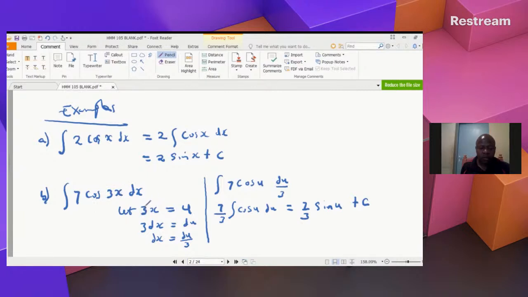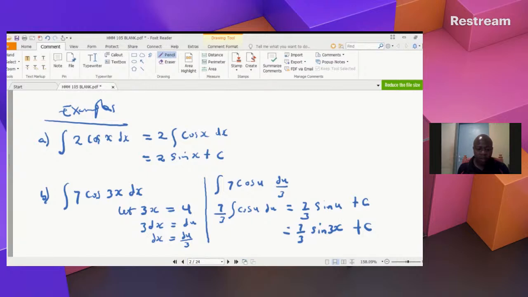U was 3x. So our final answer would be 7 out of 3 sine of 3x plus c. So this is how we do this problem.